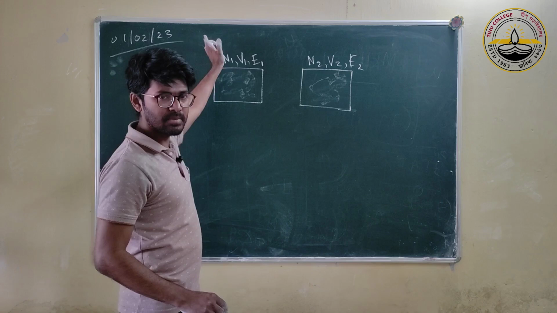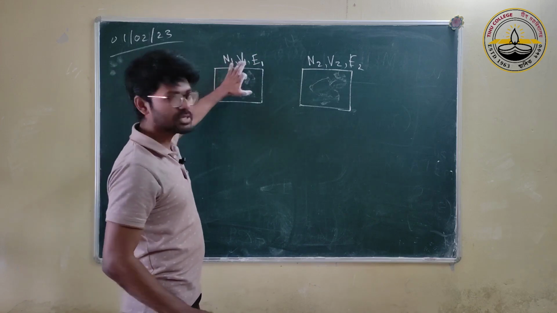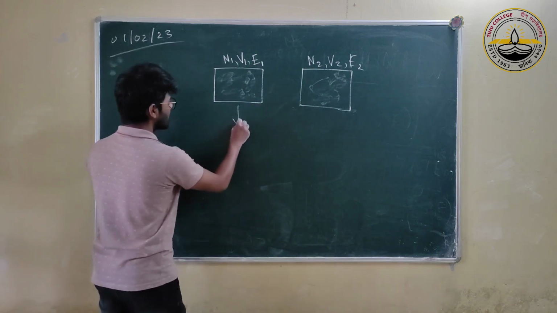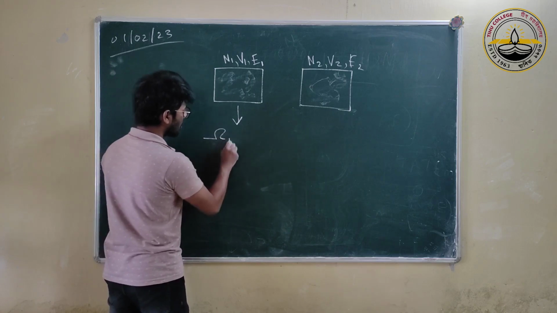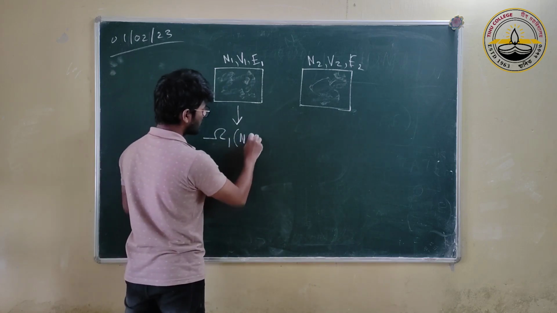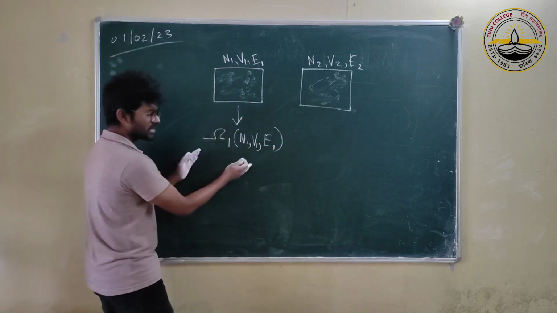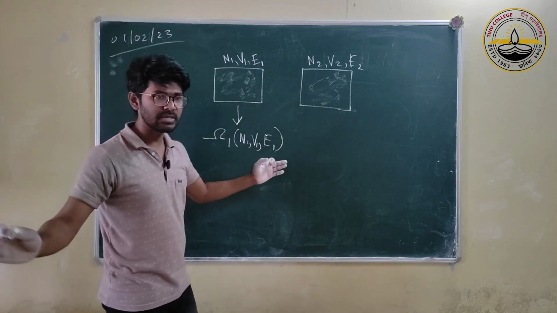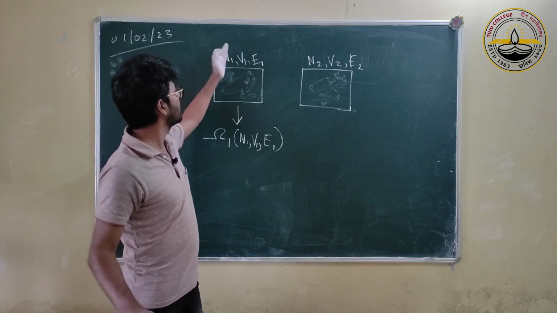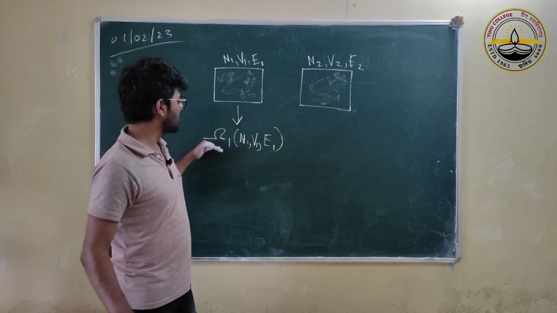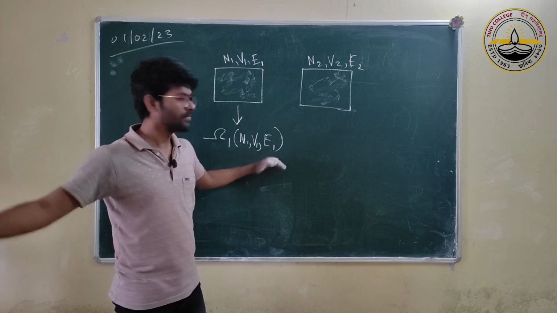No energy can escape, nothing can escape. So fixed. Considering this, it has, let's say, omega of N1, V1, E1. That's its total number of microstates. So this is a macrostate I gave you. There will be some number of microstates, right?